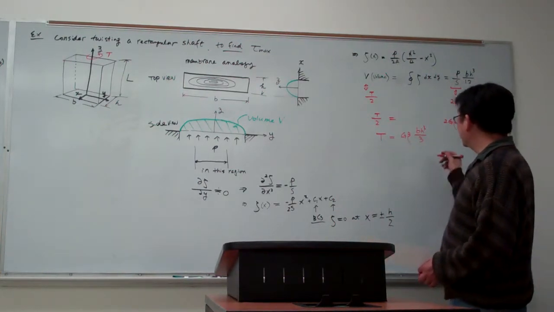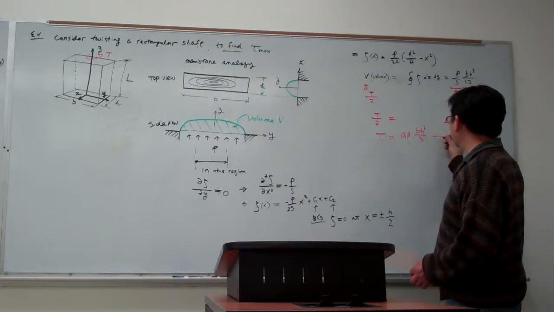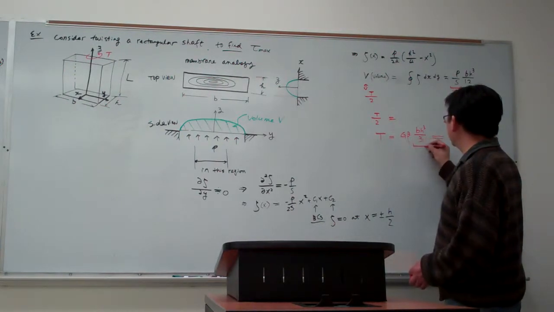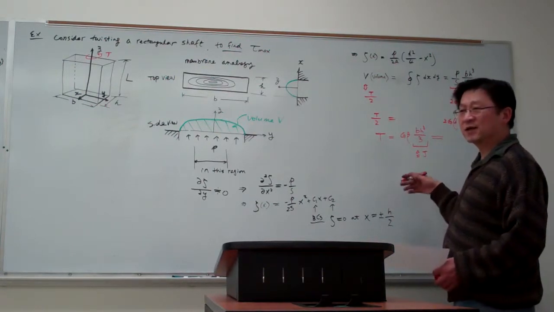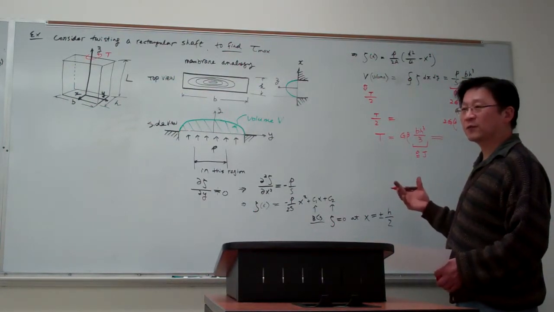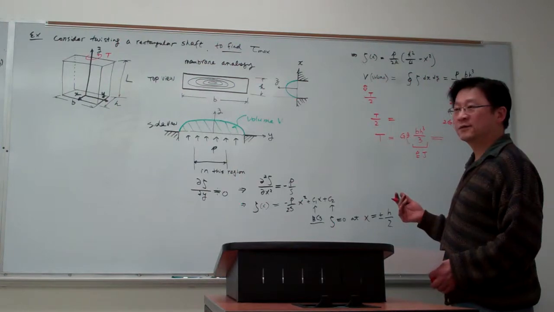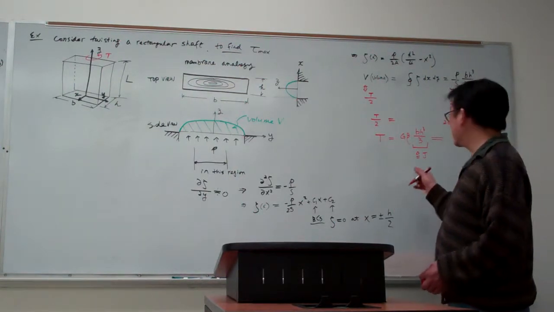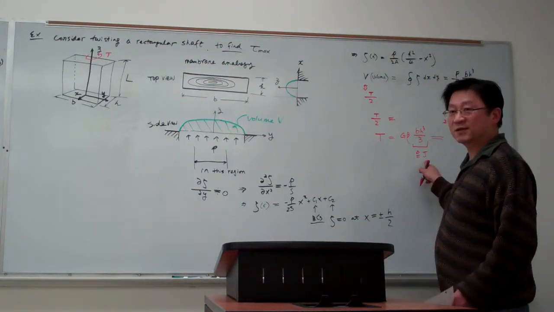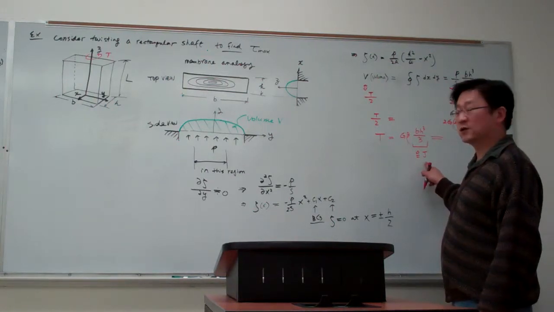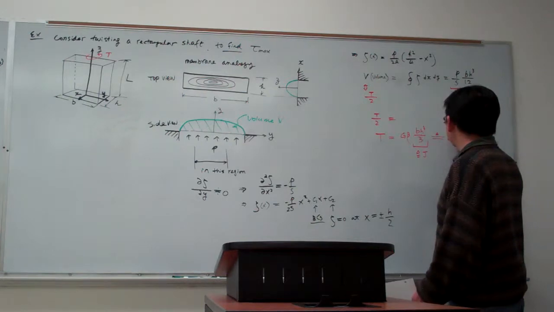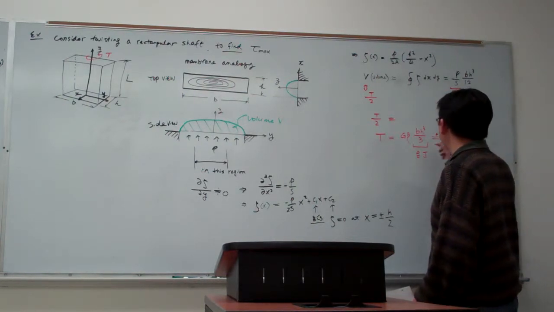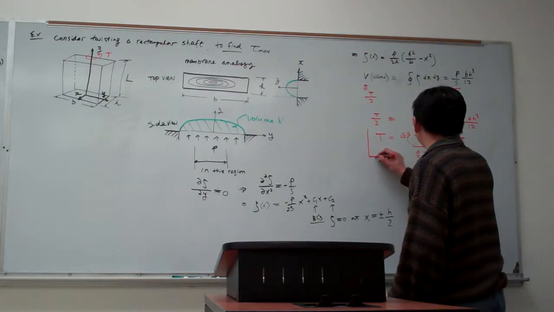Usually people like to define a symbol. If we define this as J, it is kind of the polar moment of inertia. So this can be defined as G beta J.